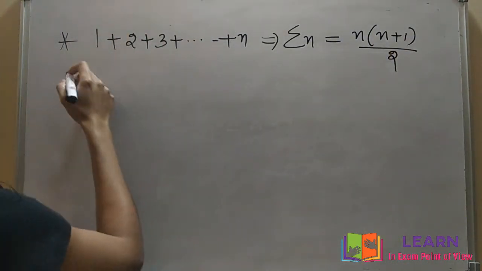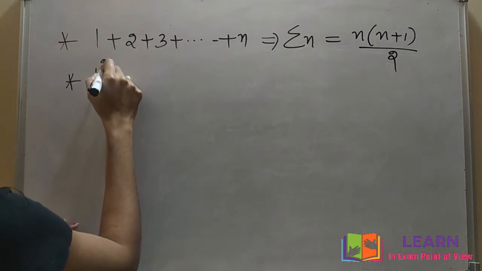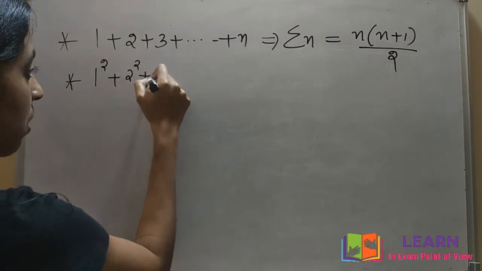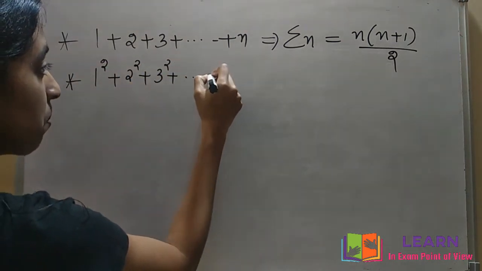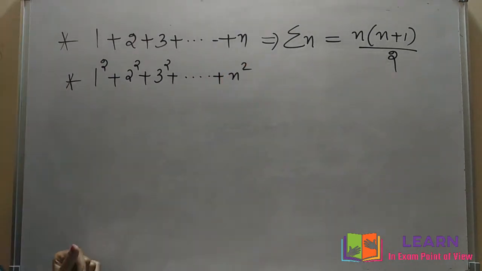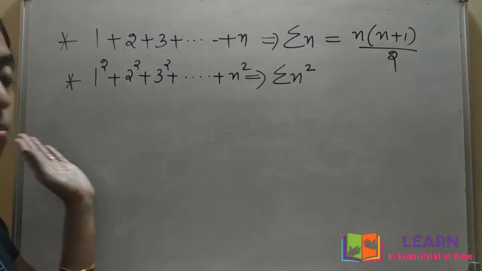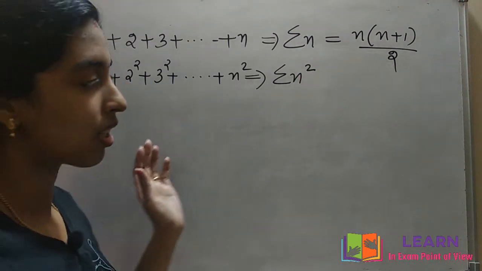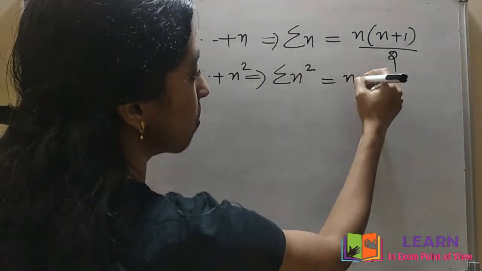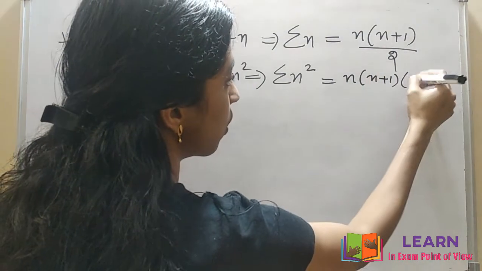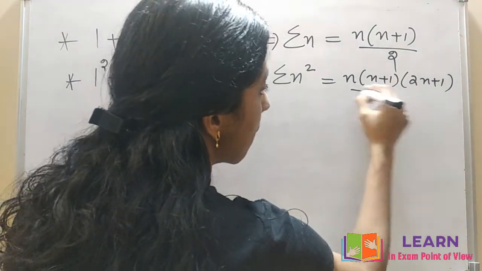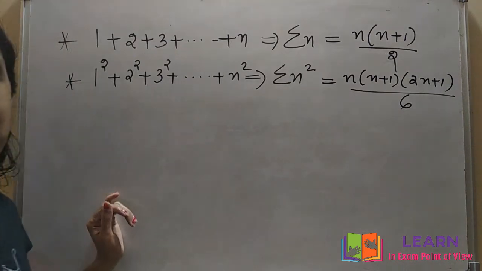Similarly, if it is square terms, 1 square plus 2 square plus 3 square plus etc. plus n square, you will write summation n square, the sum of squares of n terms. That you remember: n into n plus 1 into 2n plus 1 by 6.